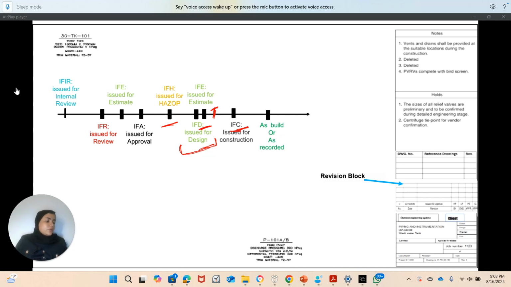So if there are any changes, the designer will issue the as-built P&ID, and from its name it means as it is built. If it is built in this way, it's going to be labeled in the P&ID as it is in reality.